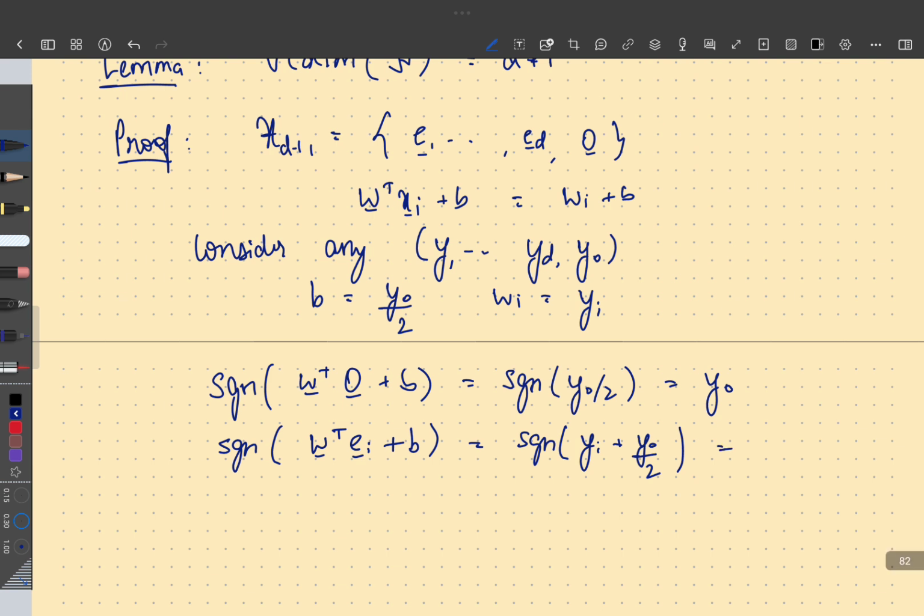So this is going to be yi. So no matter what configuration you give me, I can always generate that through some w.